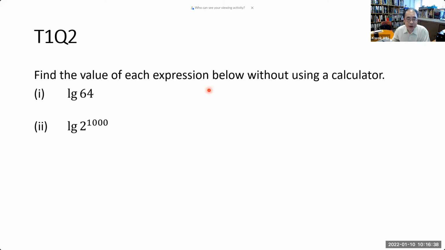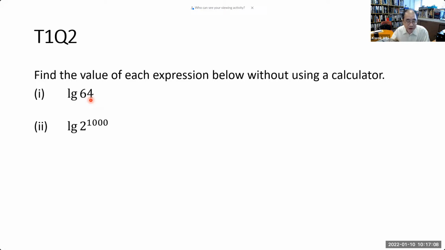Now, next is to find the, okay, first of all, LG is the log with base 2. We use a shorthand notation called LG, which is actually equal to log base 2. When you take the log of 64, you should express 64 as an exponent, 2 to the power 6.